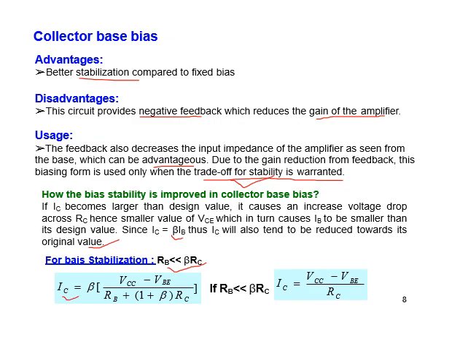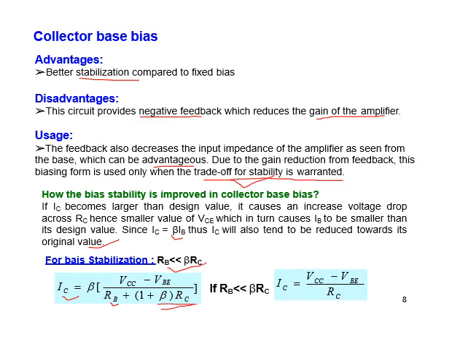As we know that the collector current IC for this particular biasing circuit is given by beta VCC minus VBE upon RB plus 1 plus beta times RC. So for the value of RB much less than the value of beta RC, this RB can be neglected with respect to beta RC.